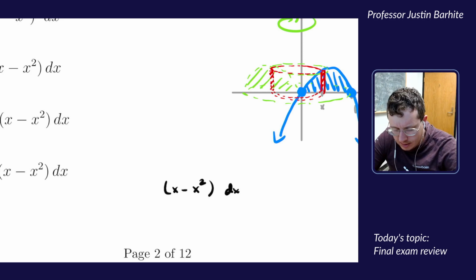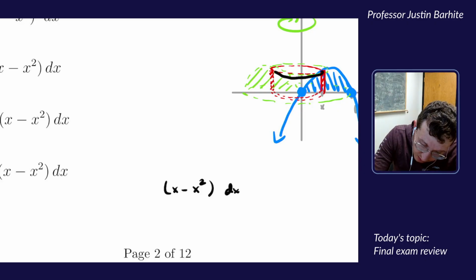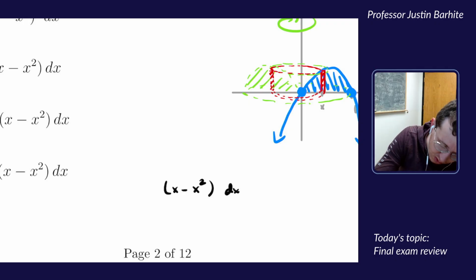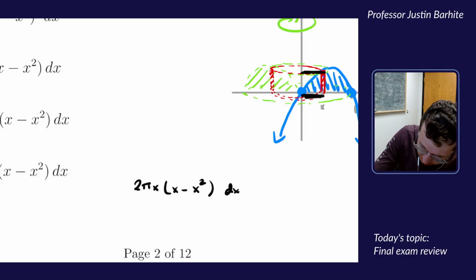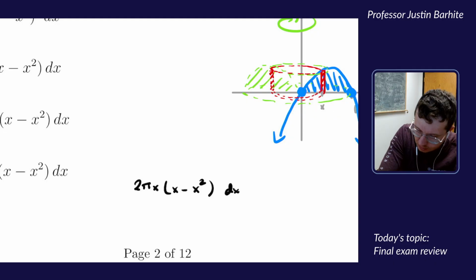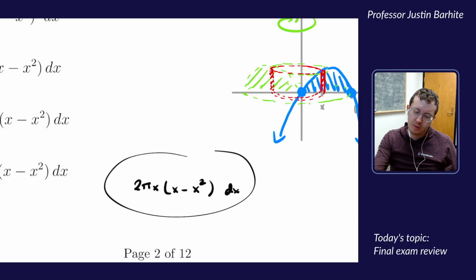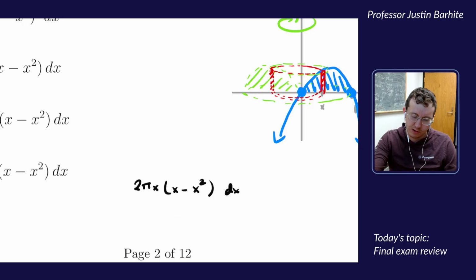And the length of that unwrapped rectangular prism is the circumference of the circle, which is 2 pi times the radius, and the radius there is x. So this should be the volume of that red cylindrical shell.